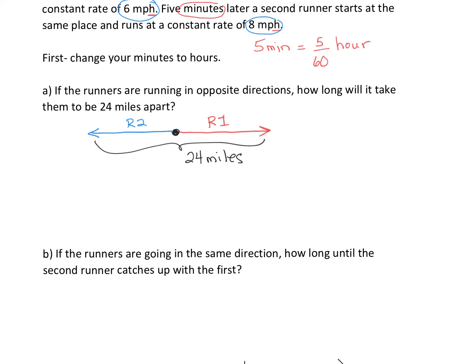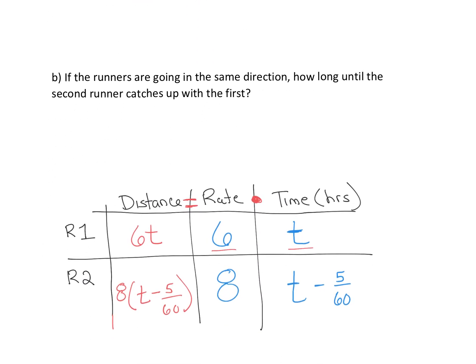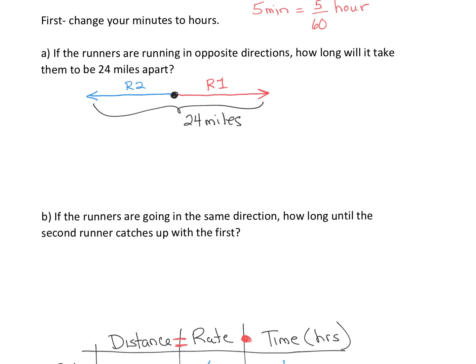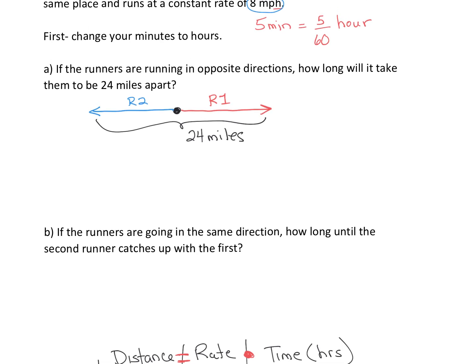So we're going to take these two distances from our table, 6t and 8 times t minus 5/60. 6t, and we're going to add 8t minus 5/60, and that's going to be a total of 24 miles.